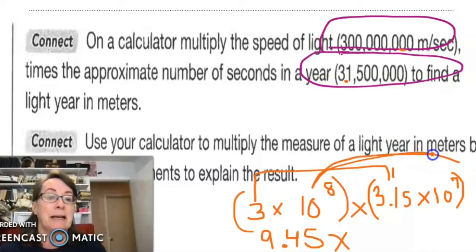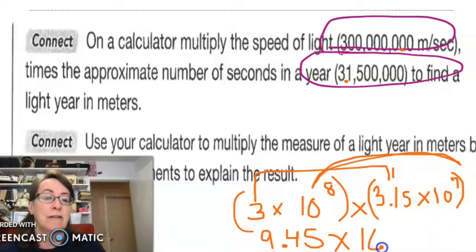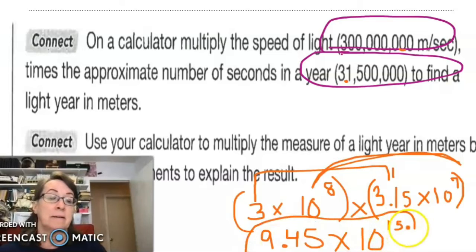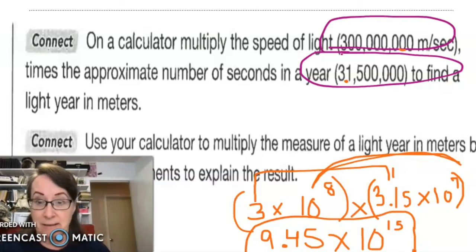When I multiply like bases, I add their exponents. So 8 plus 7 is 15, and I get 10 to the 15. That is not going to fit on your calculator, but that is the answer. Scientific notation makes multiplication of very large or very small numbers much easier.